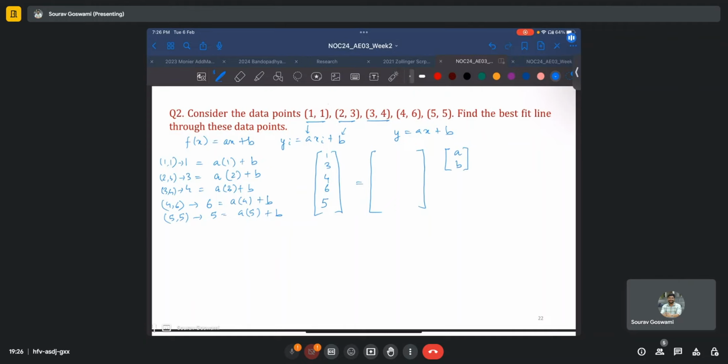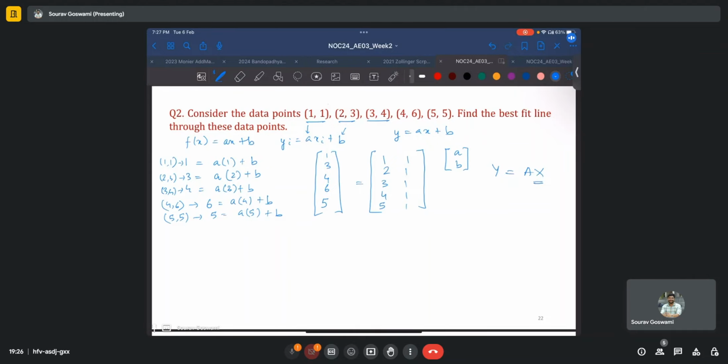And when I try to put this in matrix fashion, I notice the elements of this blank matrix will be what? So I have A1 plus B, so this simply is 1, 1. I have 2A plus B, so 2, 1. I have 3A plus B, so 3, 1. The second column is simply 1. It contains only ones, and the left one has 1, 2, 3, 4, and 5. So this is of some form y equals Ax, where x in this case contains the unknowns, which are the parameters a and b.